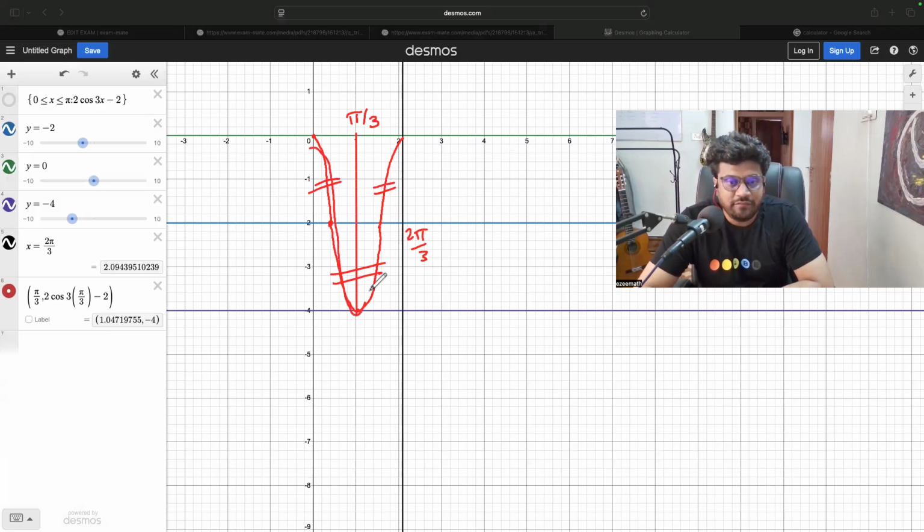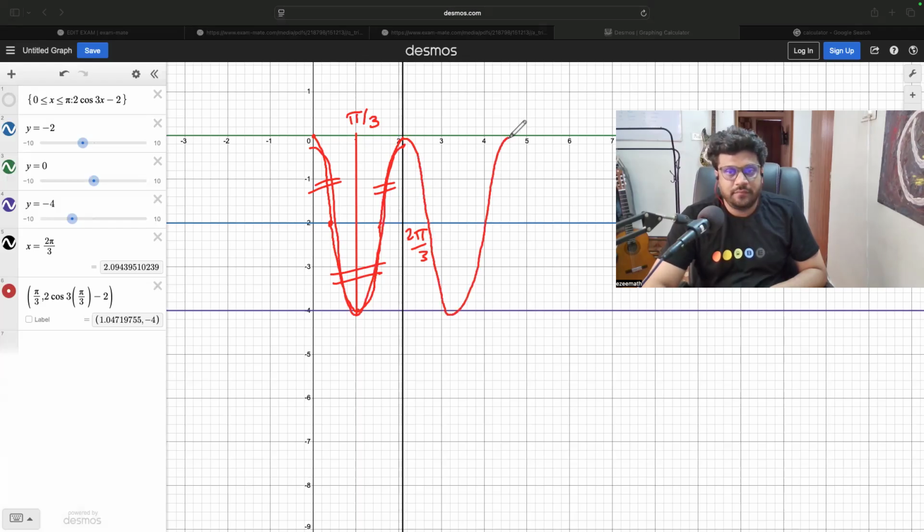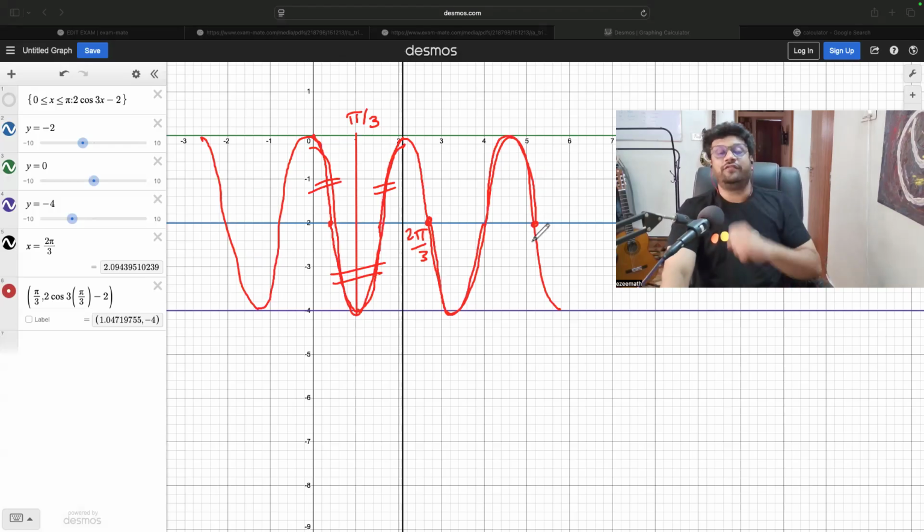That's one whole wave. I could have gone a little ahead like that. Starting from here, this whole thing and that whole thing would have been one wave.